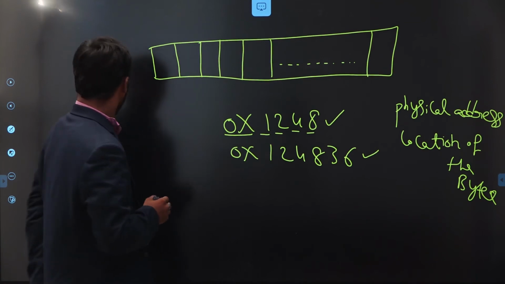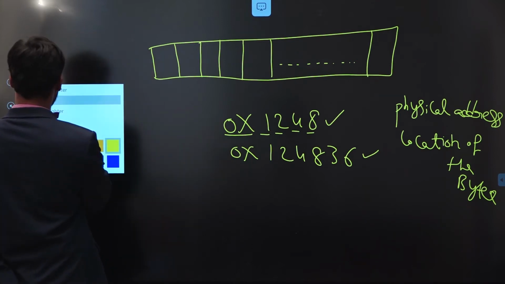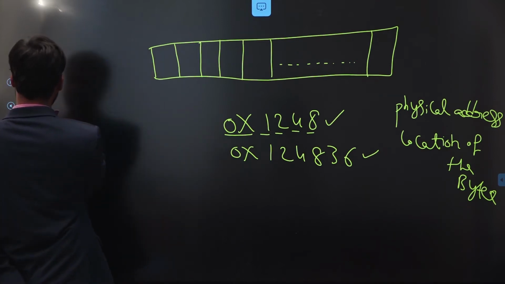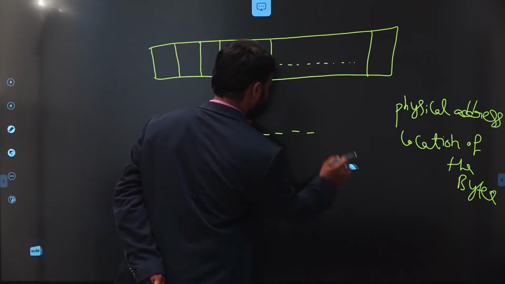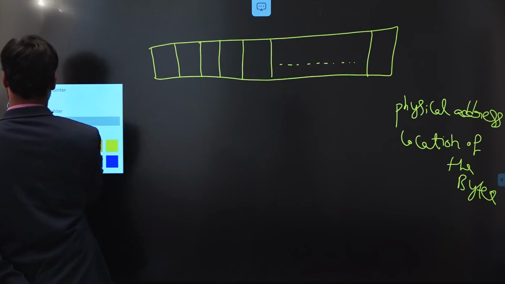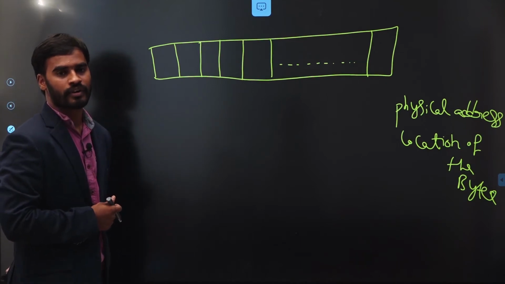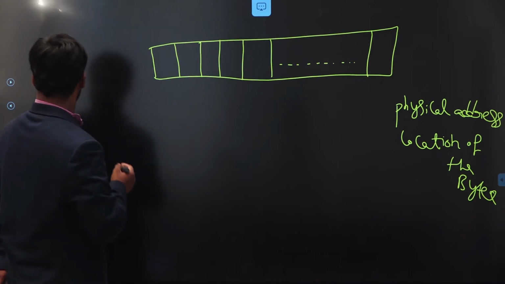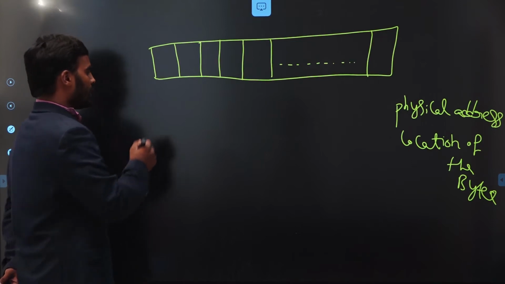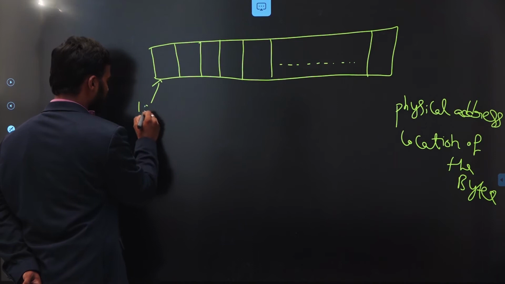Now come back to our discussion. What is the advantage of storing the elements in sequential order? Assume that the address of this location is 100.